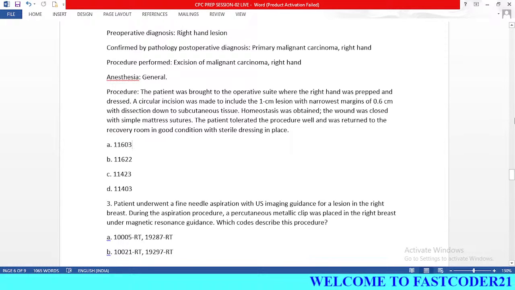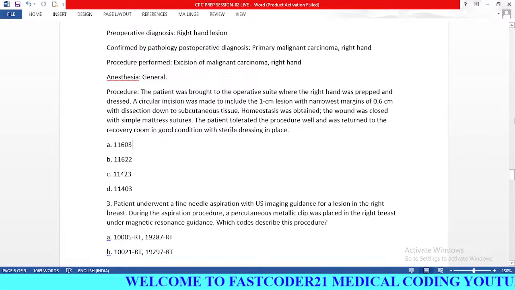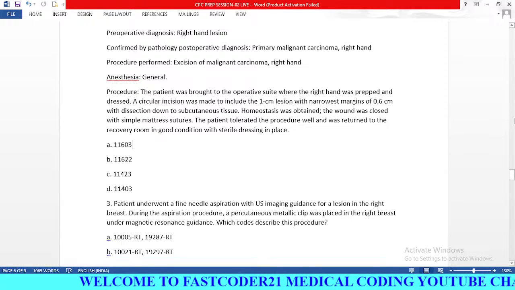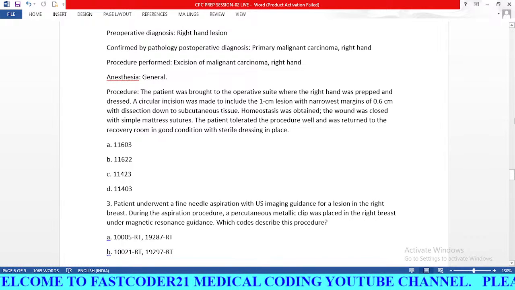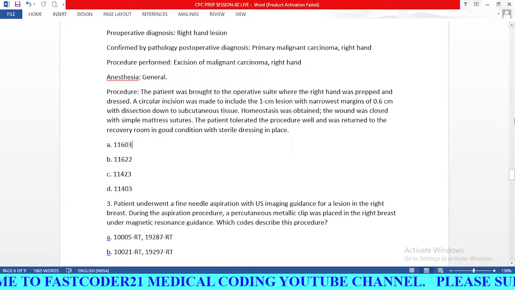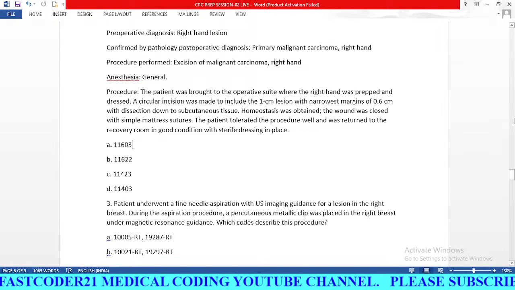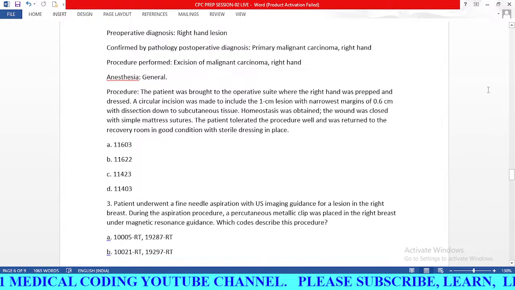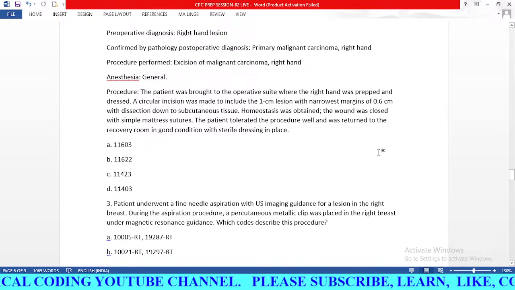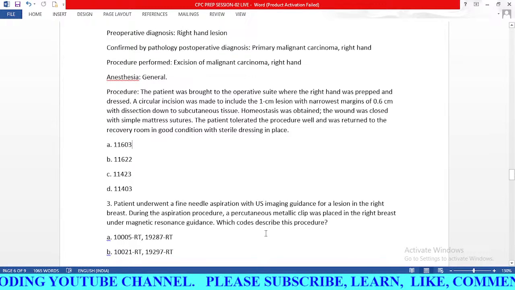What are our options? 11603, 11622, 11423, 11403. If you have the CPT book, just open it.